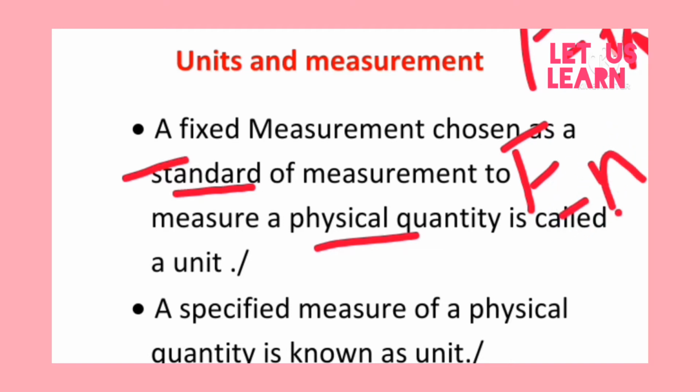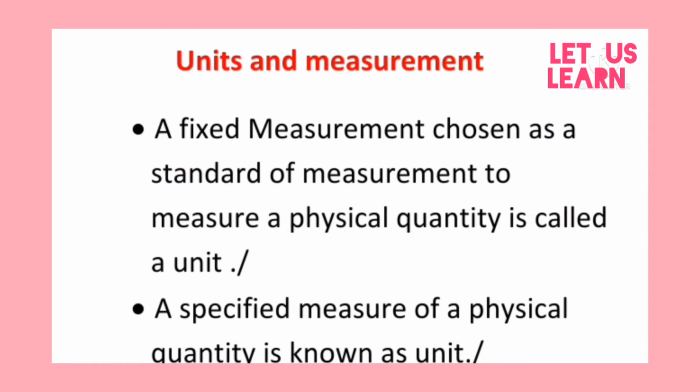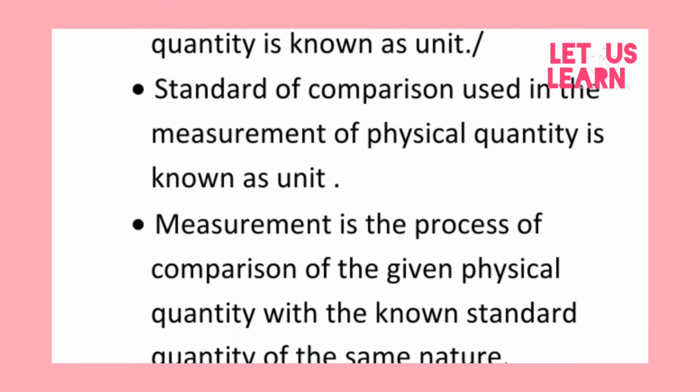So Newton is the unit of force. So to measure a physical quantity, we use a fixed standard measurement, which is called a unit. A unit is also said to be a specified measure of a physical quantity, or the standard of comparison used in the measurement of a physical quantity is known as a unit.